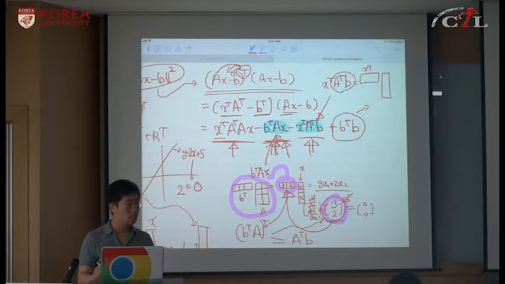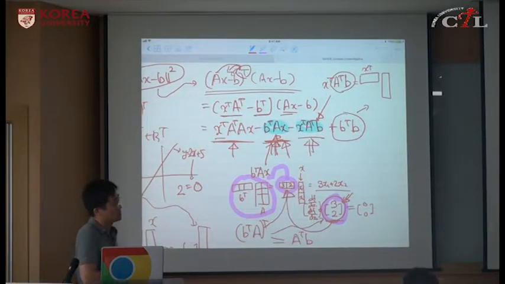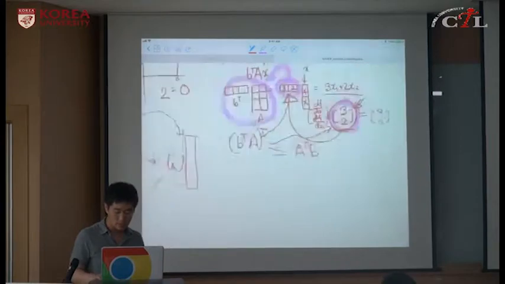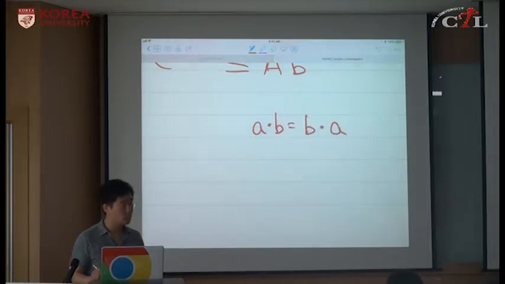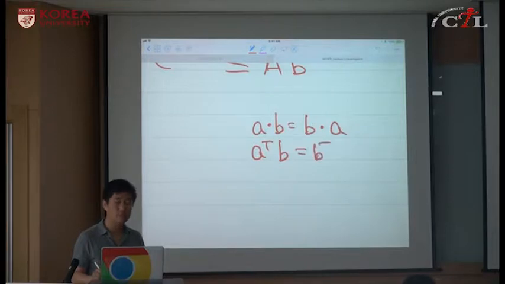And then in this inner product, this one holds true. It means A transpose B equals B transpose A in case A and B are vectors.